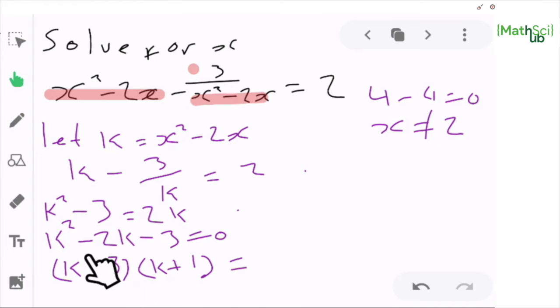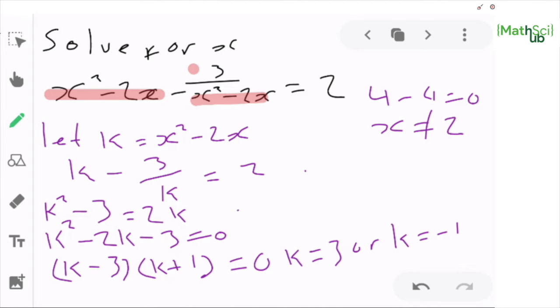It's k squared, it's k, it's negative 3k, it's negative 3, meaning now your k equals 3 or your k equals negative 1.